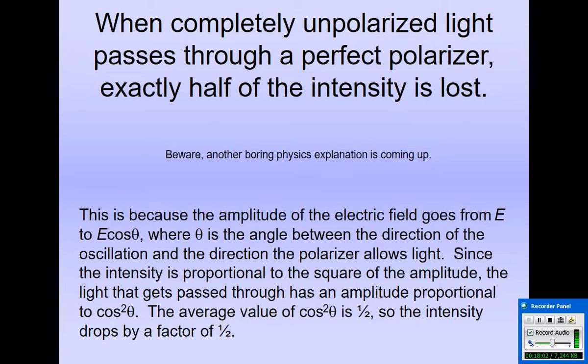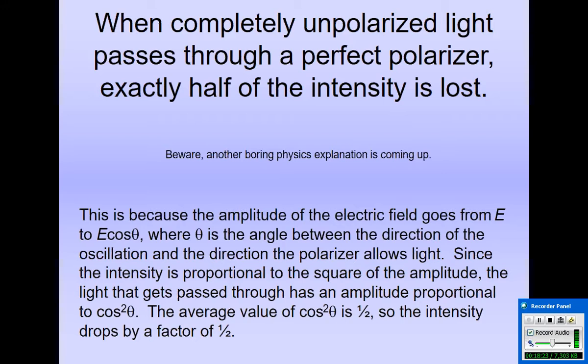Because we're losing energy, that means that the intensity of polarized light compared to the incoming unpolarized light is less. By what factor? The short answer is that it drops off by a factor of 2.